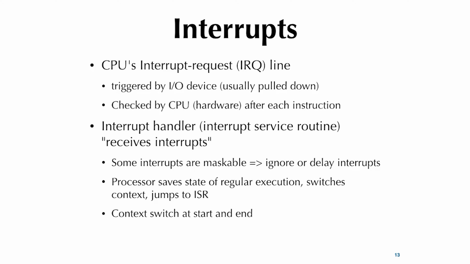So as long as it's allowed, then yes, the interrupt service routine gets called after the state is saved. Then from that point on, because it's really the OS that handles all these interrupts, the OS gets control. The interrupt service routine can then give control back to the OS because it is owned by the OS.